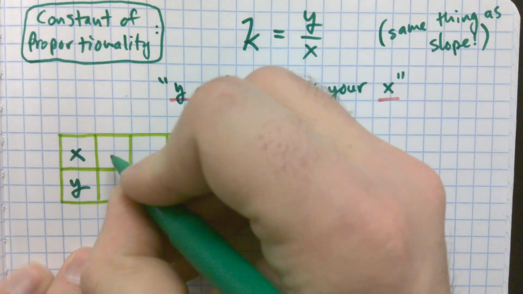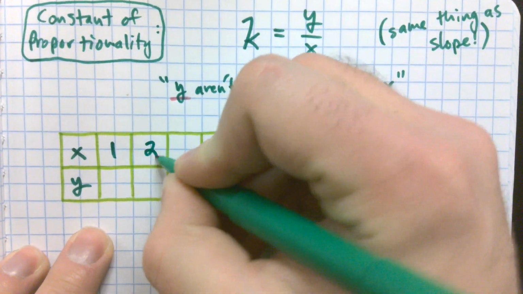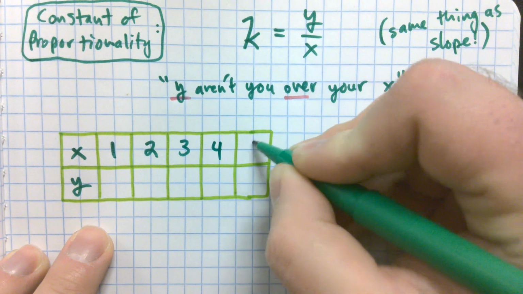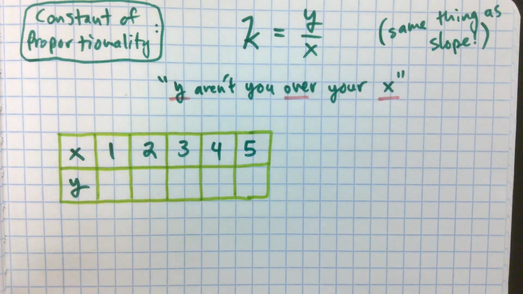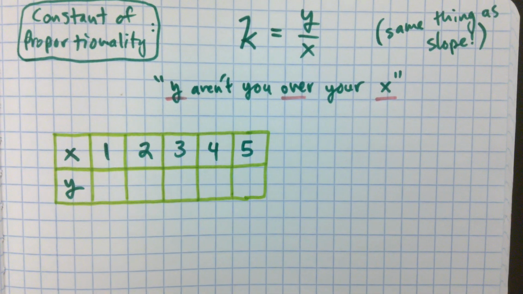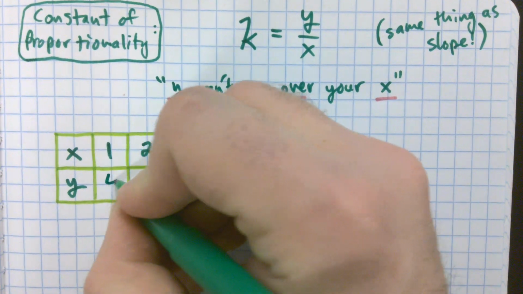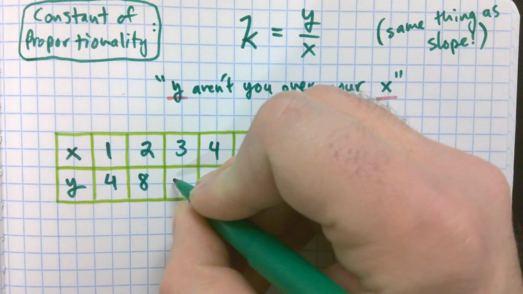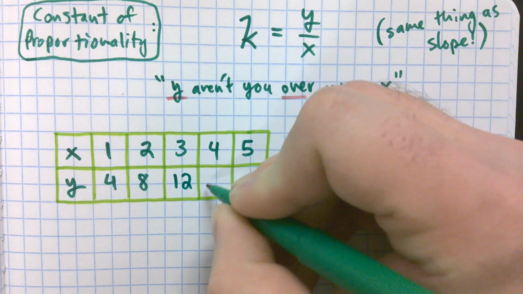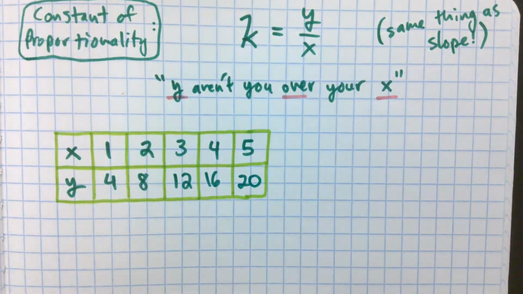And we could say that I've got x values of 1, 2, 3, 4, and 5. And I've got y values of 4, 8, 12, 16, and 20.